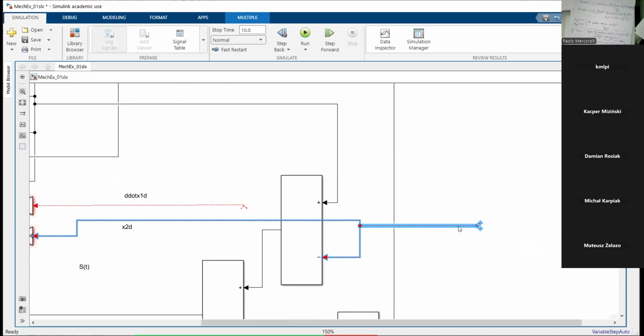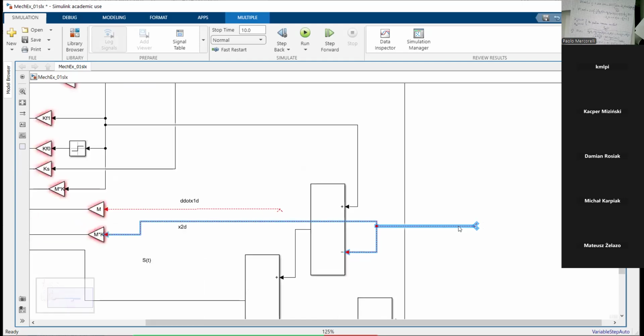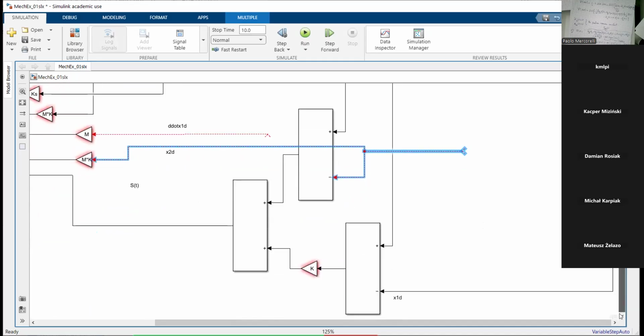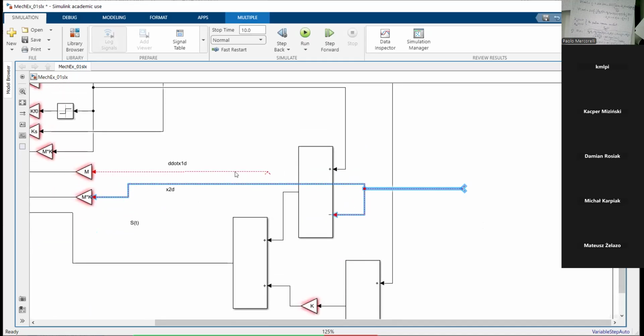Makes sense too. This means this signal here, which is the desired x2, if you remember that x2 is the derivative of x1, it's 0. The derivative of 1 is 0, and the second derivative of x1 is also 0 because it's a constant.